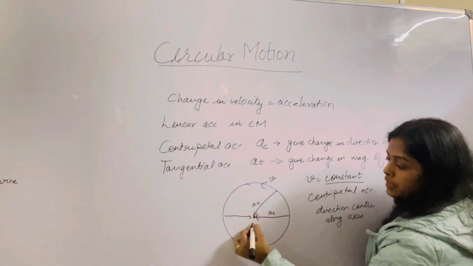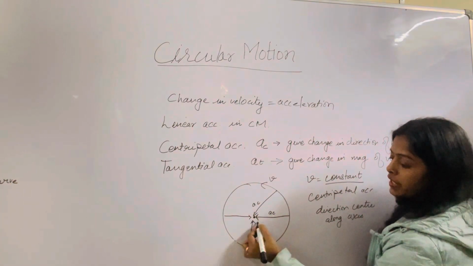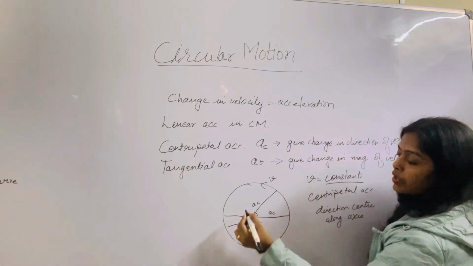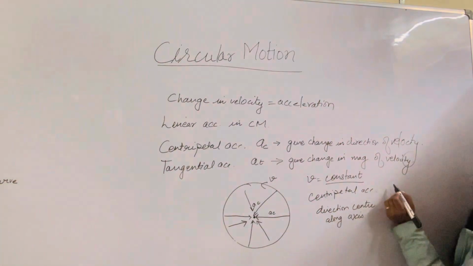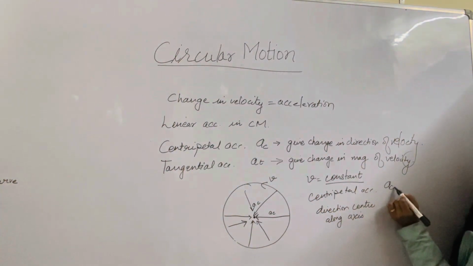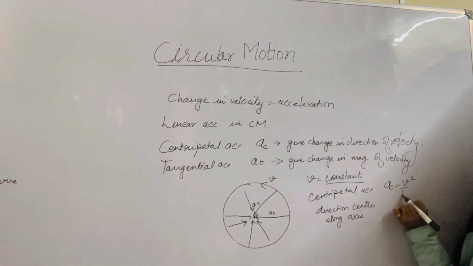From any other point, it is always toward the center along the radius, and it is equal to v square by r.